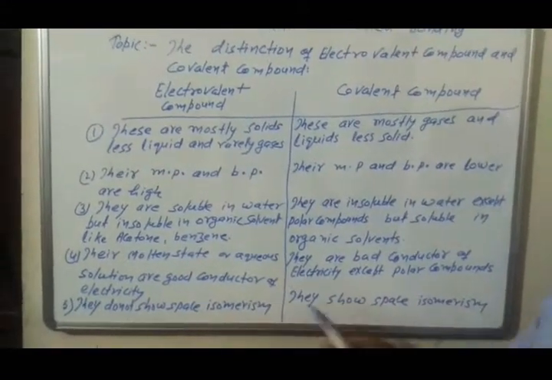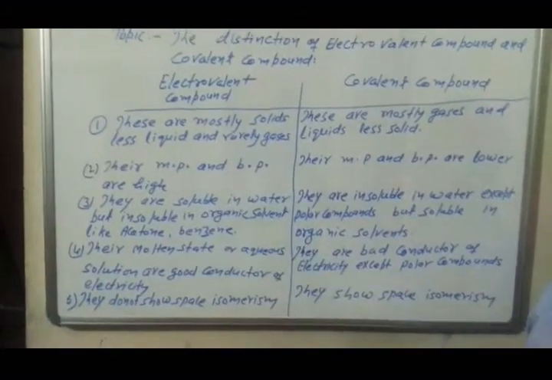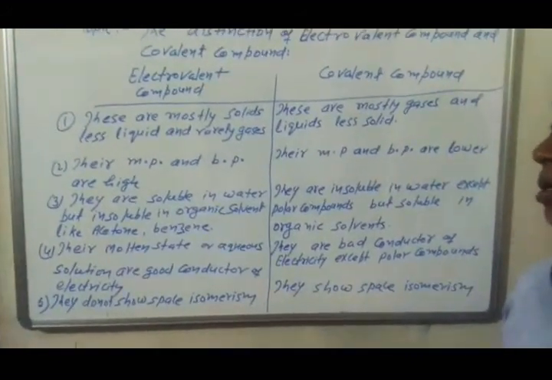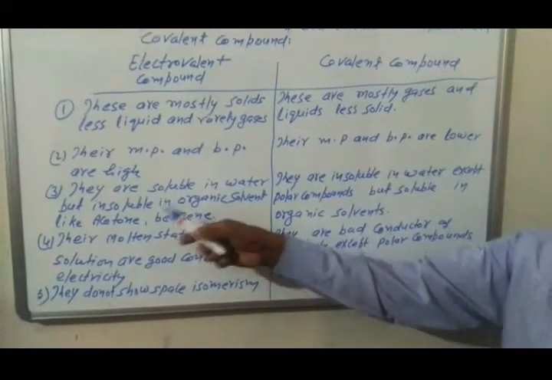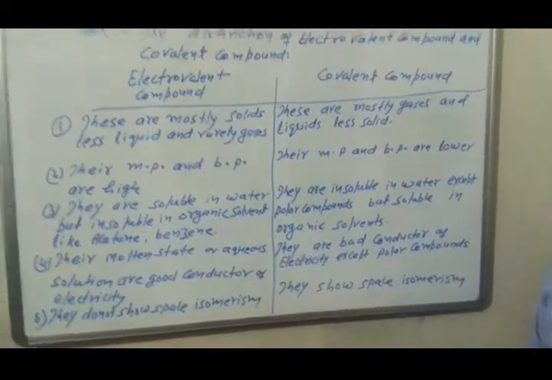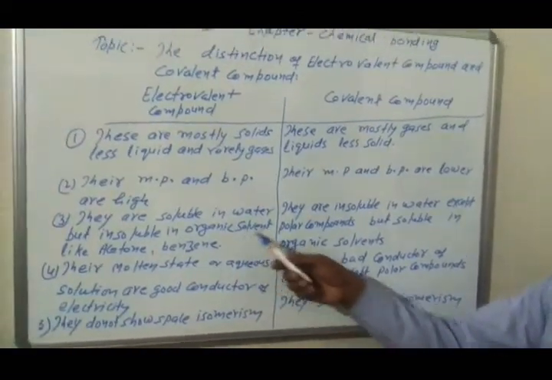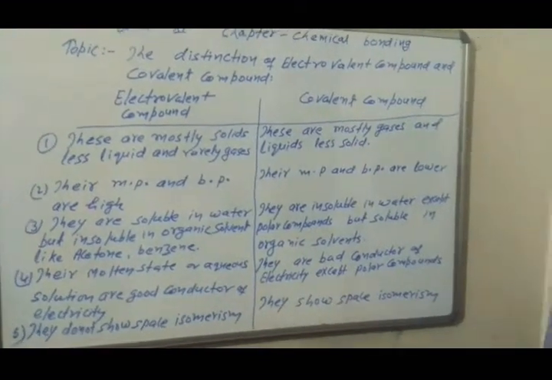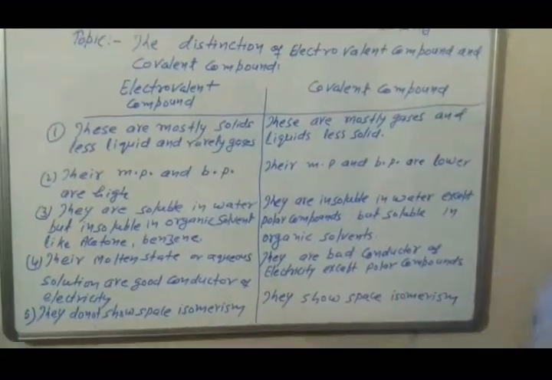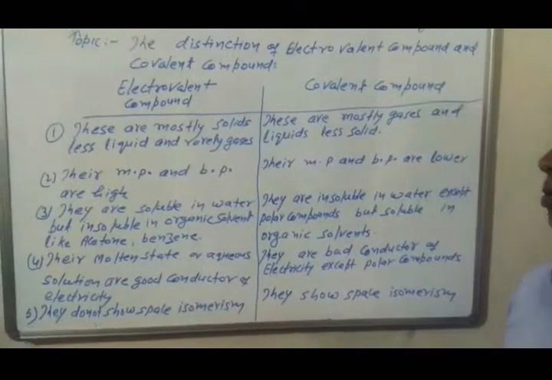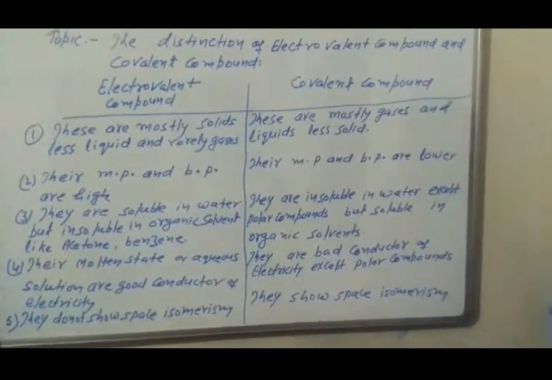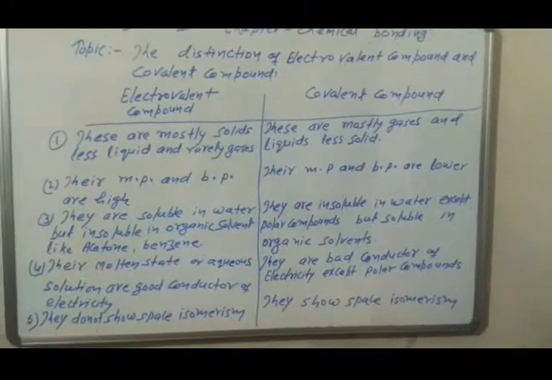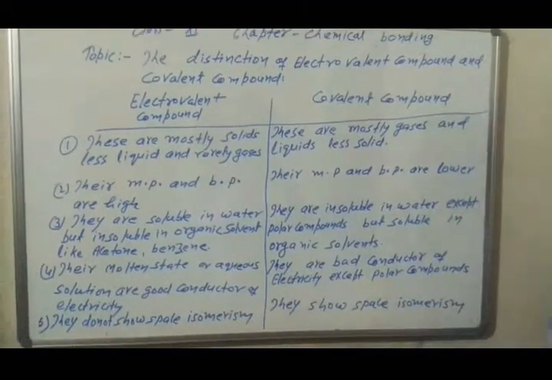Next point, electrovalent compounds are soluble in water but insoluble in organic solvents like acetone, benzene, carbon tetrachloride, chloroform, etc. The solubility of electrovalent compounds in water is due to their polar nature.